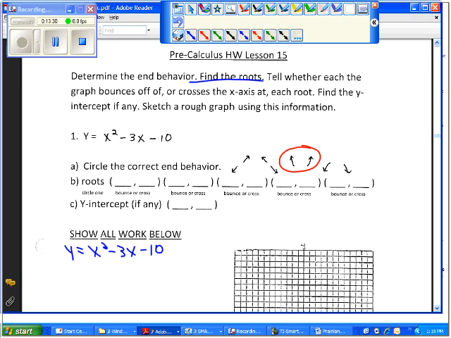Anyway, if a is 1, then we can just go ahead and put our parentheses and put an x and an x. We're going to let y be 0, right? To find the roots, they're the values of x when y is 0.